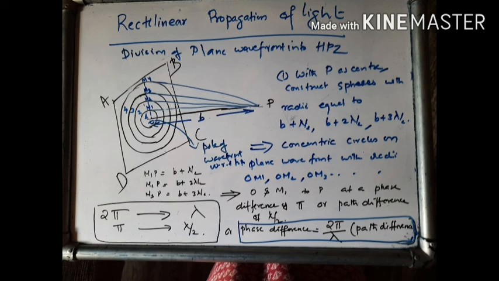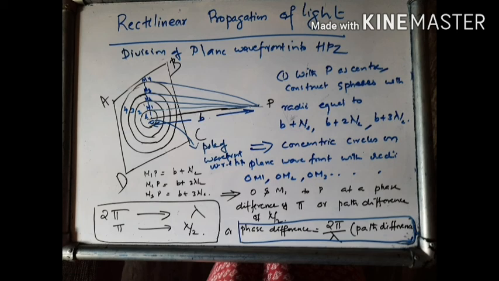So now we are getting concentric circles on the plane wavefront ABCD with radii OM1, OM2, OM3, OM4, etc., which can be given as R1, R2, R3, R4, etc. The point O can be named the pole of the wavefront with respect to the point P on the screen. If we are considering any point on the screen, you have to drop a perpendicular from that point to the wavefront, and that point will be the pole of the wavefront with respect to that particular point on the screen.